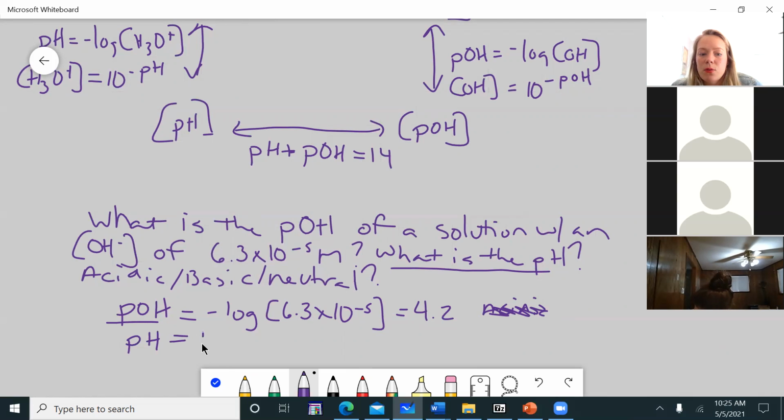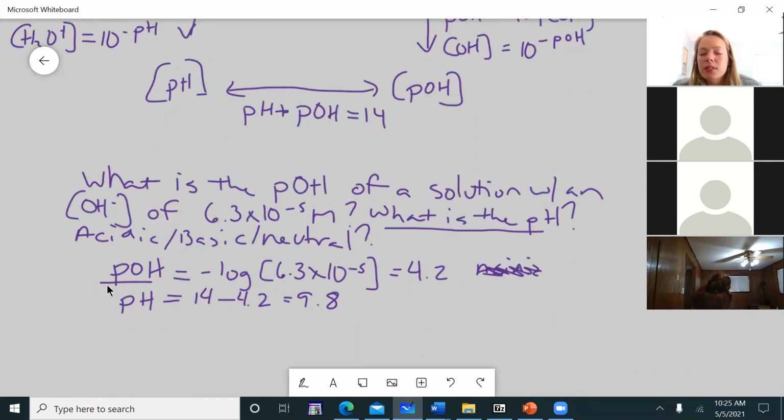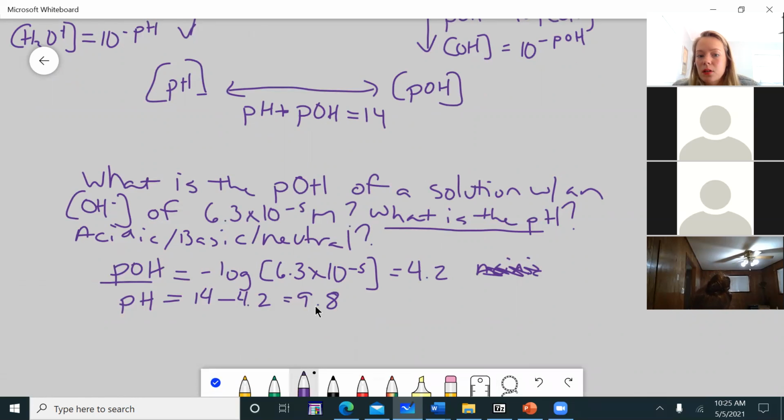So pH is going to equal 14 minus this 4.2, which gives us roughly 9.8 for the pH. So now we can conceptually start thinking, is this acidic, basic, or neutral? On the pH scale, if you're larger than 7, you're basic. This is definitely greater than 7. So we're going to go with basic.